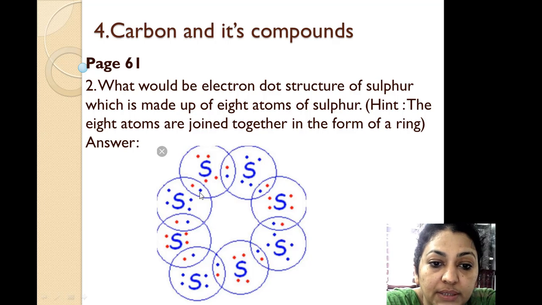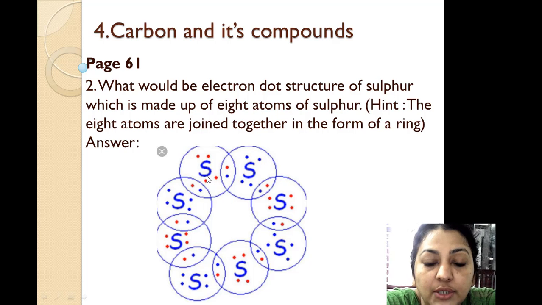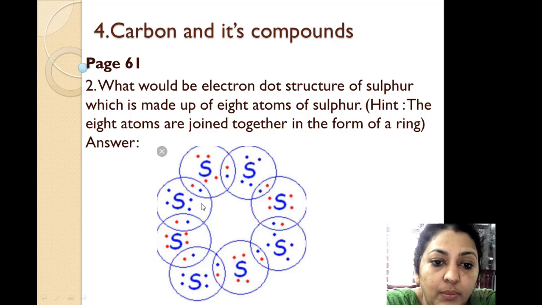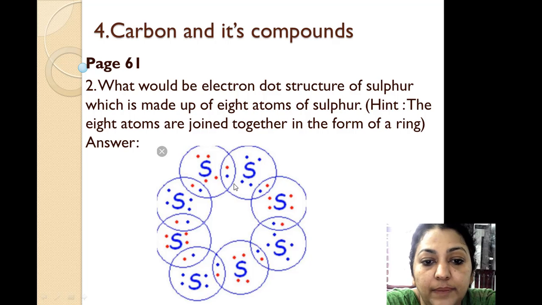Sulfur has atomic number 16, therefore its electronic configuration is 2,8,6. If you take one sulfur atom, you can see a total of 8 red dots. Two of them are making single covalent bonds on both sides of the sulfur atom. Just draw and learn.